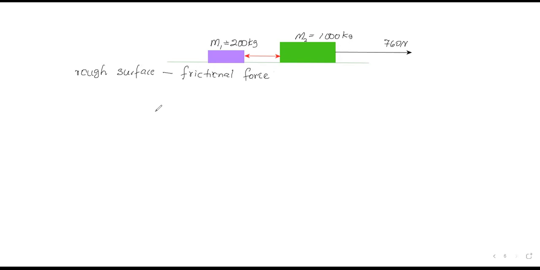And if you are given that the coefficient of kinetic friction, of course, is 0.3, we can calculate, if you are challenged to get the acceleration and the tension.